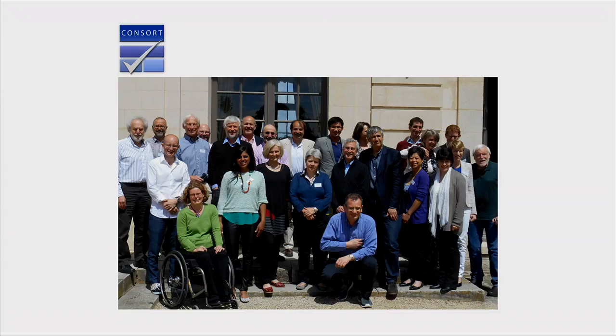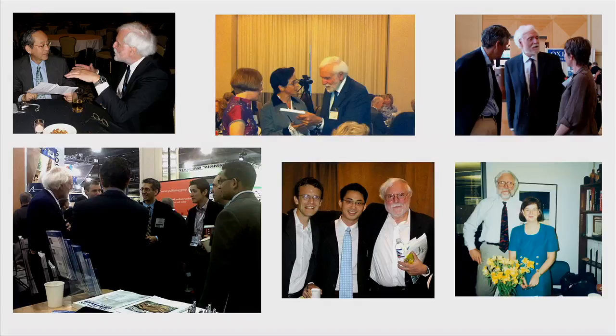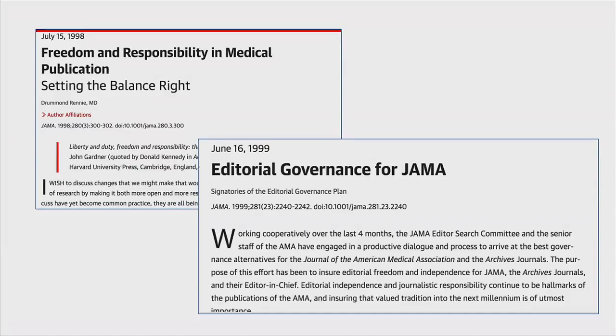He's been a leader of the tribe of CONSORT, founder and president of WWAMI, and president of CSE, a mentor, advisor, and collaborator with many, and a courageous liberator of researchers and editors from tyranny.